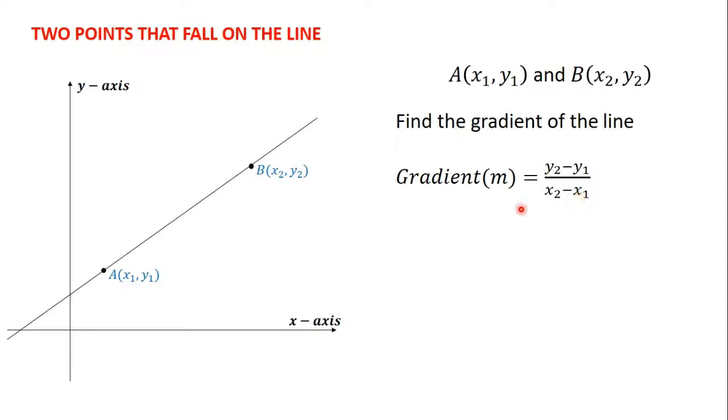So to find the equation of a straight line when you have 2 points that fall on the line, the first thing you need to do is to use the coordinates of the 2 points to find the gradient of the line.